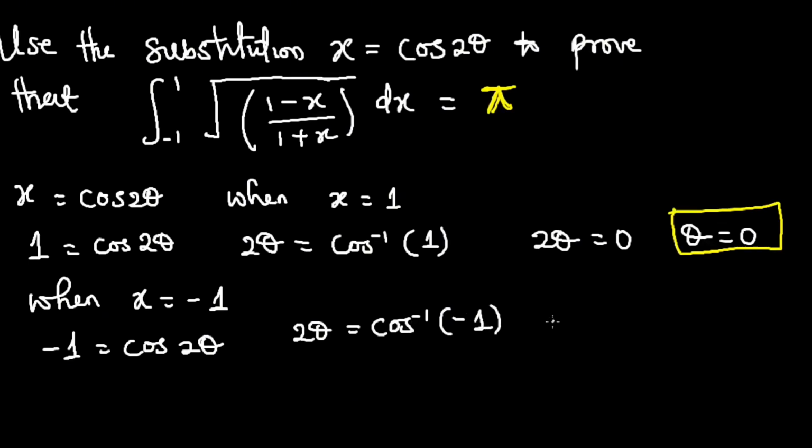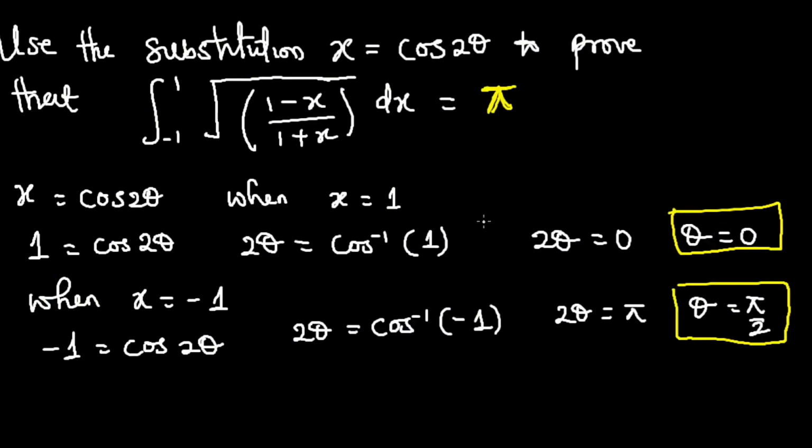So 2 theta equals 180 degrees, because cos 180 is -1. In terms of pi, because we are working towards pi, that would be pi. Then the theta for our boundary will be pi over 2. Okay, so that's the boundary that we want to work with.